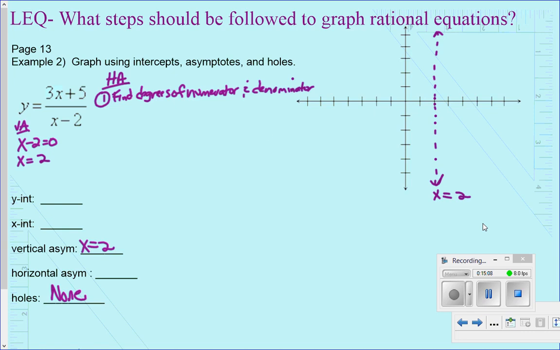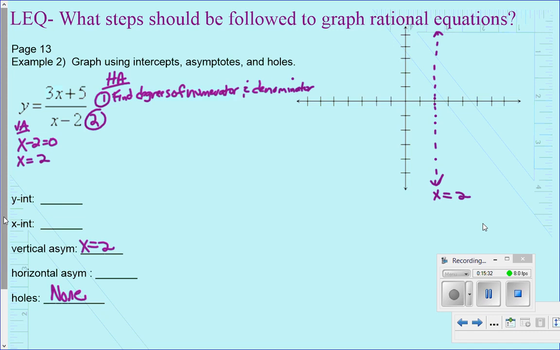If I'm looking at this example here, I look at the degrees, and if you recall, we learned in the previous unit, the degree is the highest exponent for each of the equations. So x to the first and x to the first, the degrees are each 1, 1 in the numerator and 1 in the denominator. After you have found the degrees, you're going to compare them. When we're comparing two numbers, we have three options.